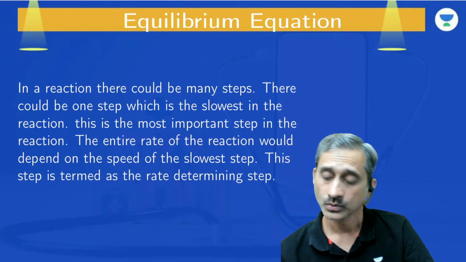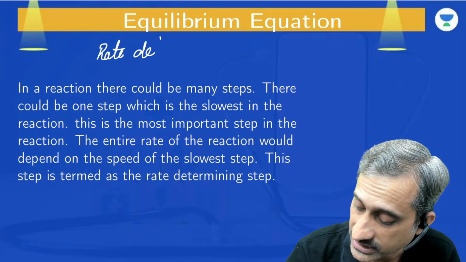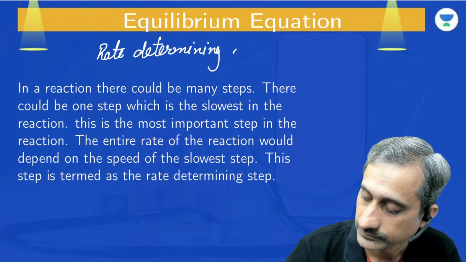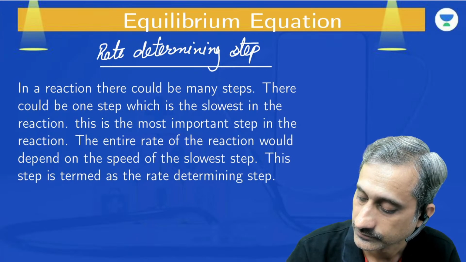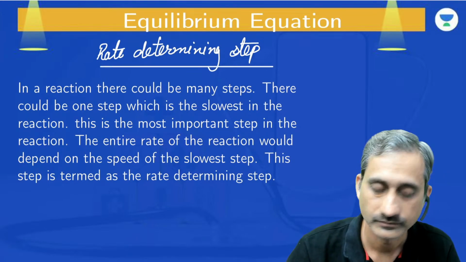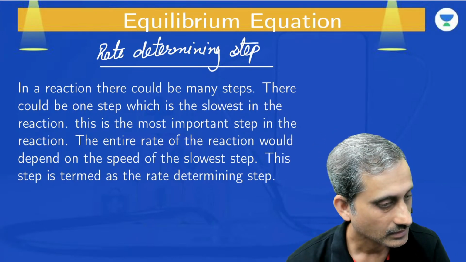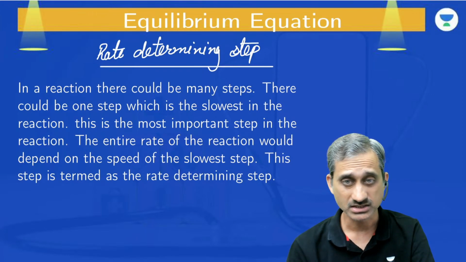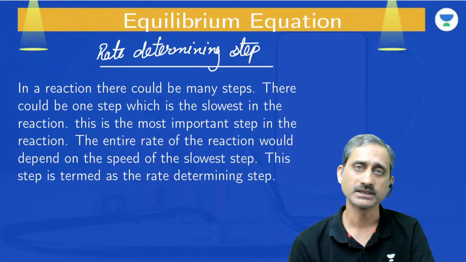Now, we can say there is something called the rate determining step. We have discussed the rate determining step earlier. This is the slowest or the most difficult step in the entire reaction.